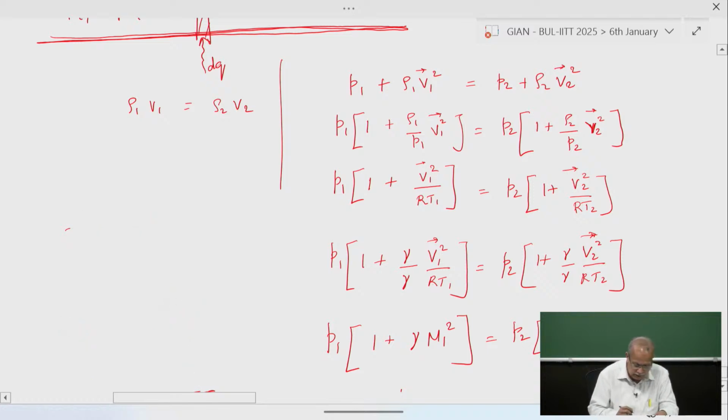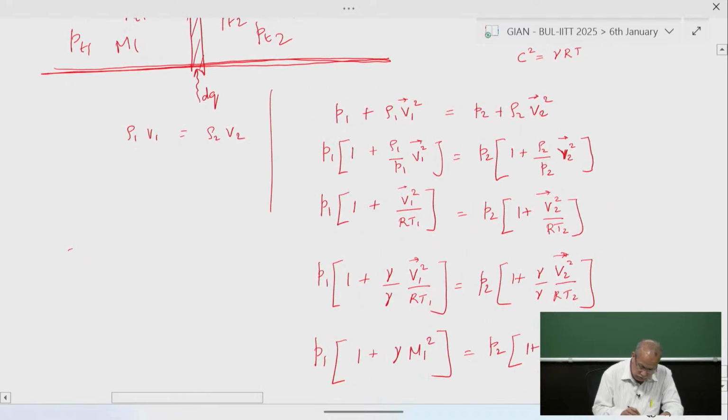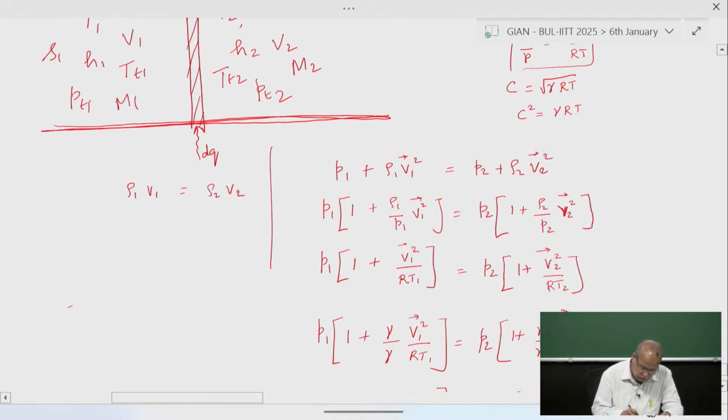Let's see whether we can try and do it for, let's say, P1 by RT1 for rho 1, and V1 is square root of gamma R T1 into M1.